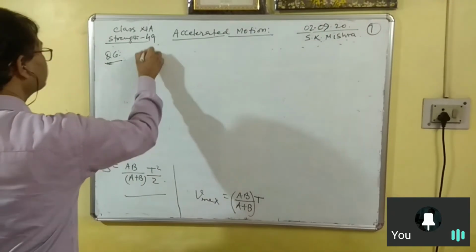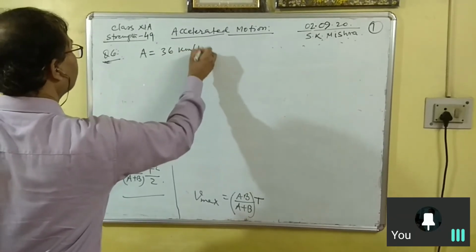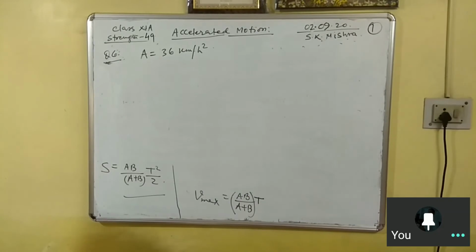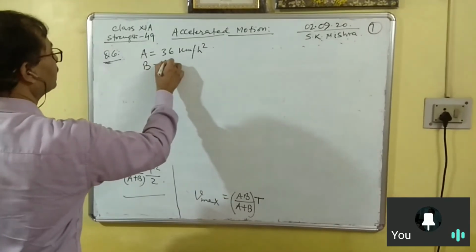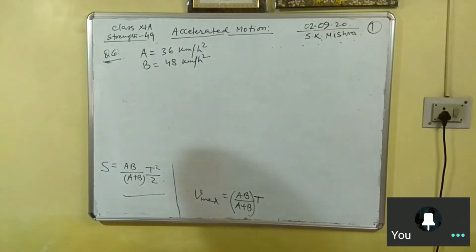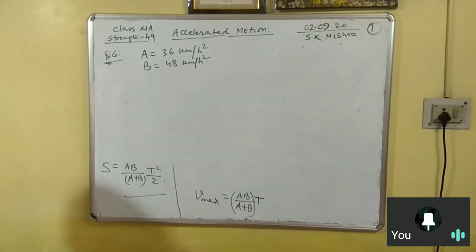So suppose A is given to you, 36 km per hour square. And then for some time, after which it retards at a constant rate of 48 km per hour square to come to rest. So B is given to you, 48 km per hour square.